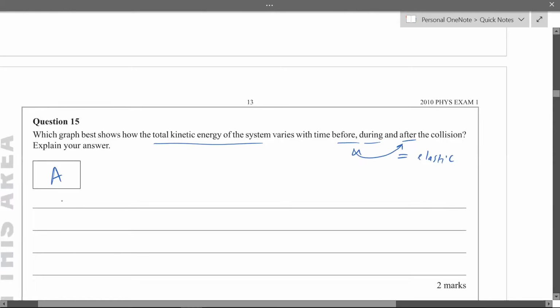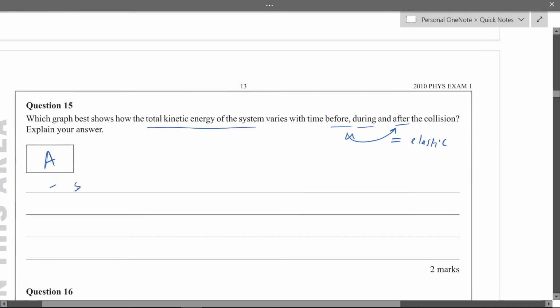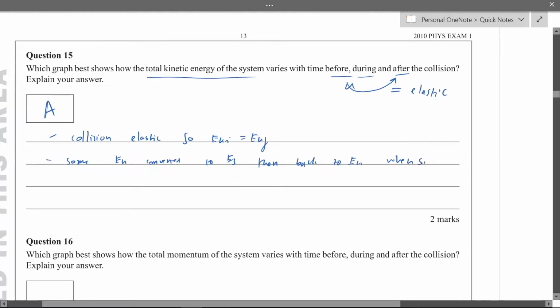The explanation would be what I just said, but to summarize, I should write: collision elastic, so EK initial is equal to EK final, and some EK converted to ES, then back to EK when spring compresses.